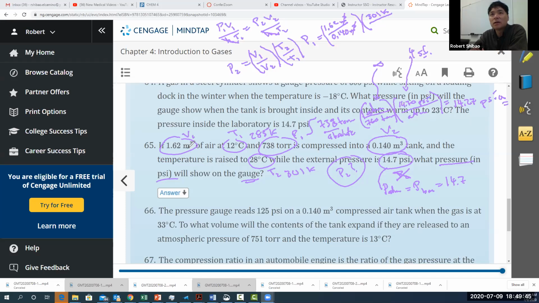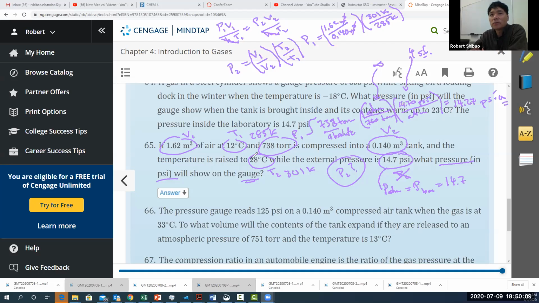We don't want to use that other equation, although your book does use it. It's not that complicated, but this is 285 Kelvin here. So what's happening with the temperature? The temperature is increasing, 285 to 301, therefore the pressure should increase. And so both fractions result in larger pressures.